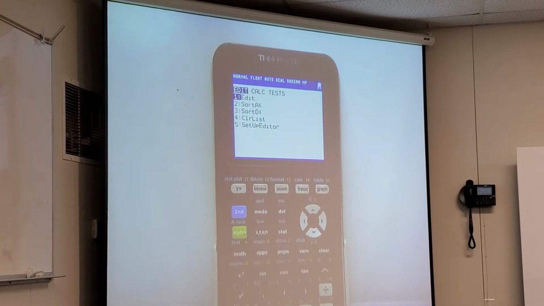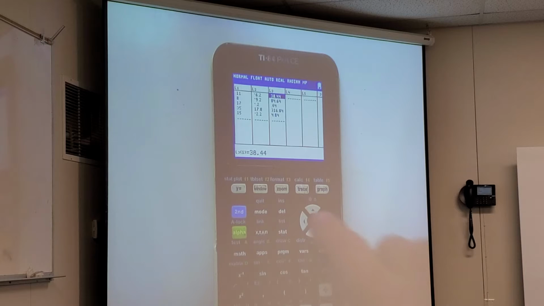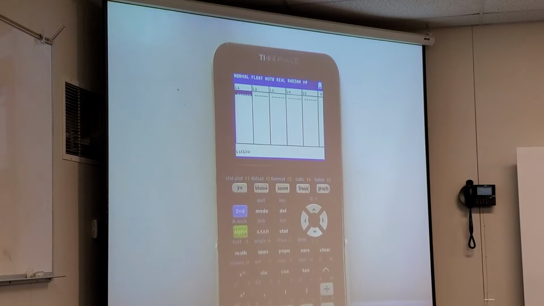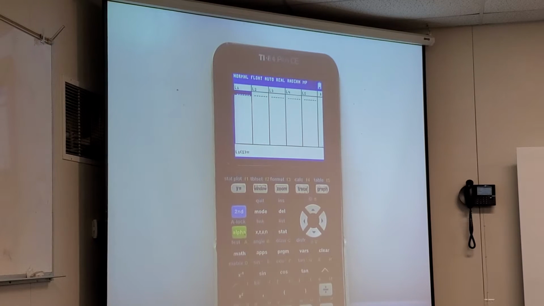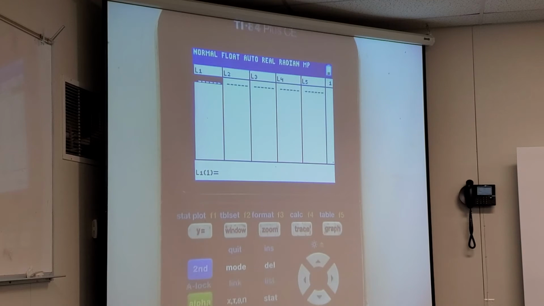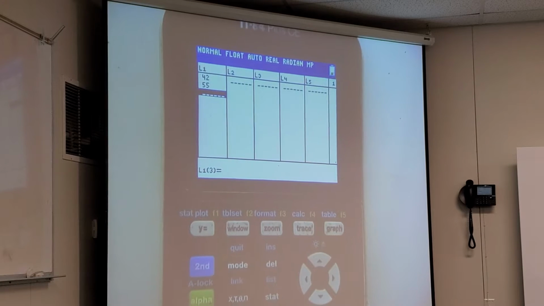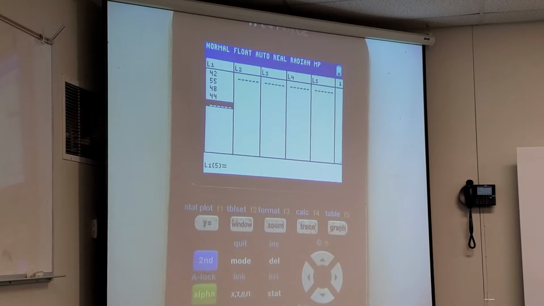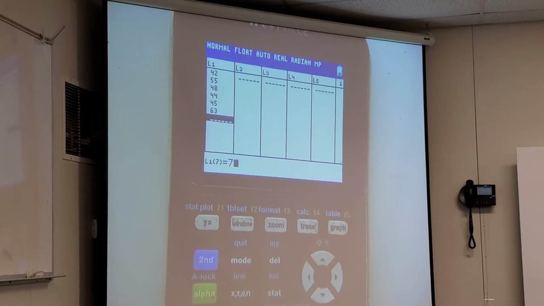So stat edit to get into your lists. I'm going to clear these out. Remember, never hit delete for these guys. You'll wipe them out of existence.